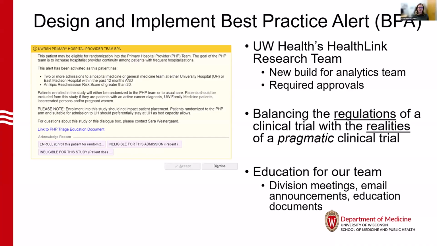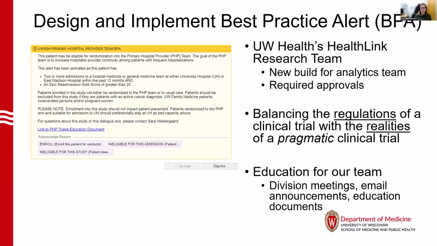At the same time, we talked about this being a pragmatic clinical trial, and that we were trying to implement an innovation in a real world setting. And I think there is still a bit of a mismatch within some of the regulations in our system in terms of what approvals a pragmatic clinical trial needs.